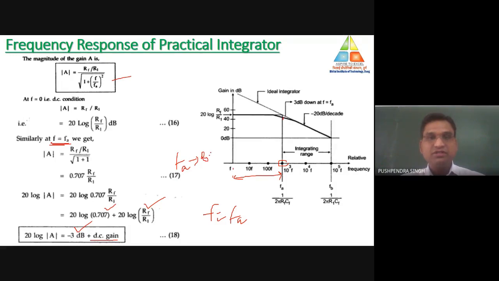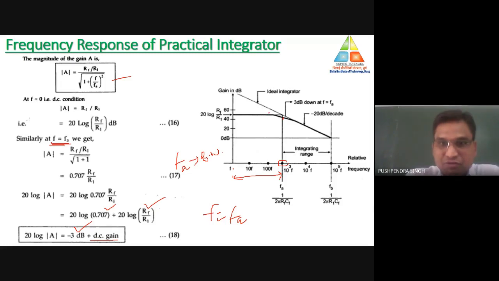As the value of FA increases, the value of bandwidth will also increase. But before FA, we are not getting the integration of the signal.